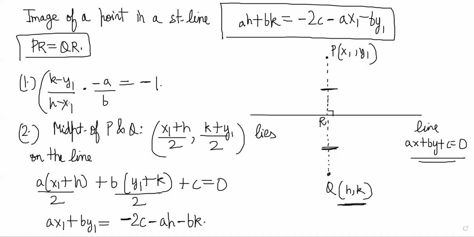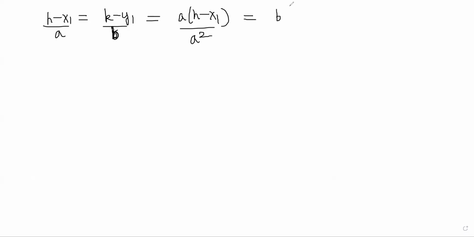So use this result and this result, and using both of them, I can write h minus x1 by a is equal to k minus y1 by b, and then use the same ratio and proportion property. So h minus x1 by a is equal to k minus y1 by b is equal to a times h minus x1 by a square, which is also equal to b times k minus y1 by b square.